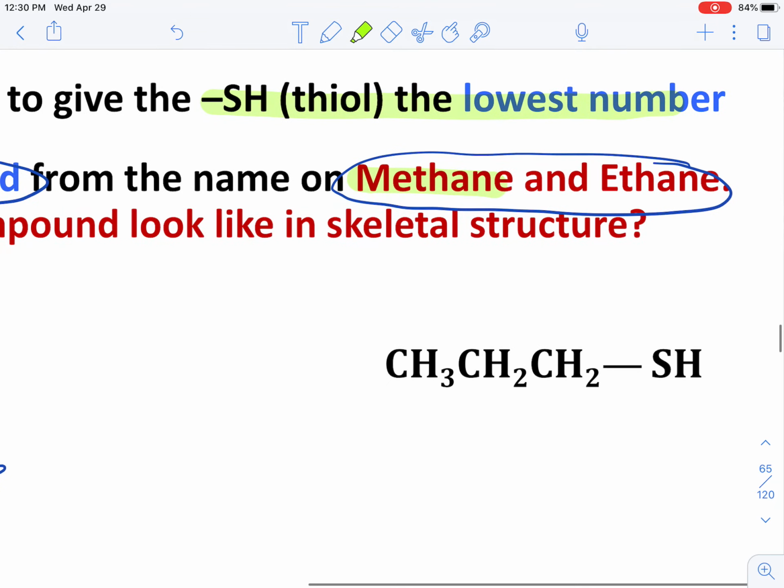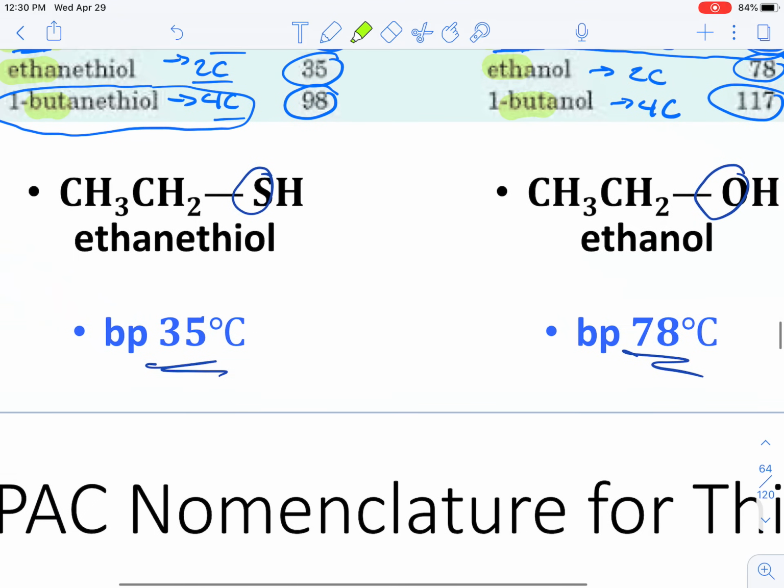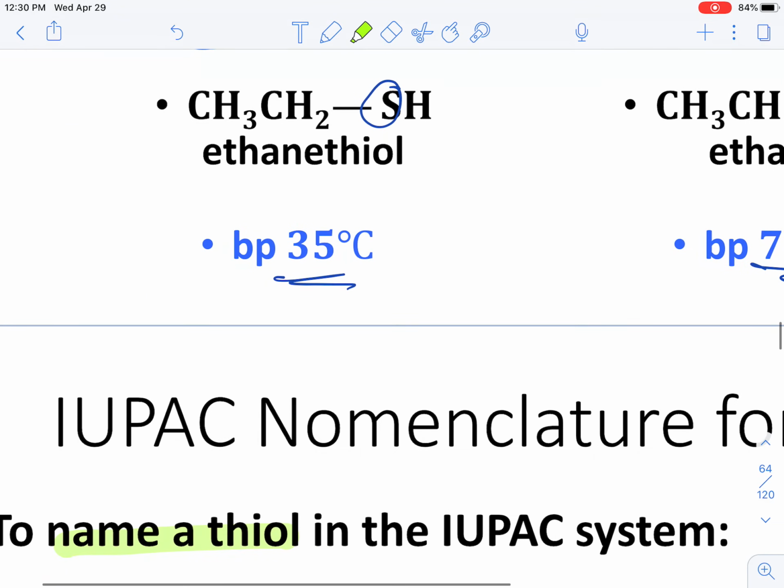And the same idea can be applied to ethane. If you're looking at ethane thiol, if you place this thiol on this carbon, that's one way to place it. But if you place this thiol on this carbon, and if you were to write out its chemical structure, I'll go ahead and do that real quick.